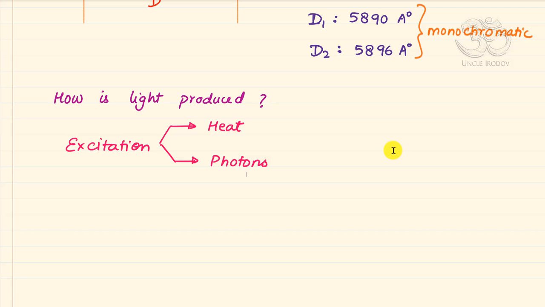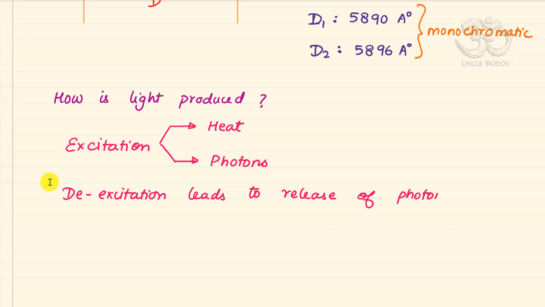They go into the lower energy state and emit light. So it is during de-excitation of electrons. De-excitation leads to release of photons.